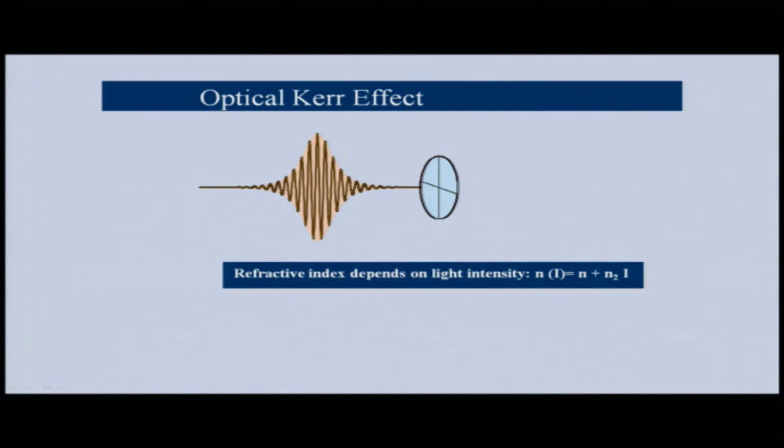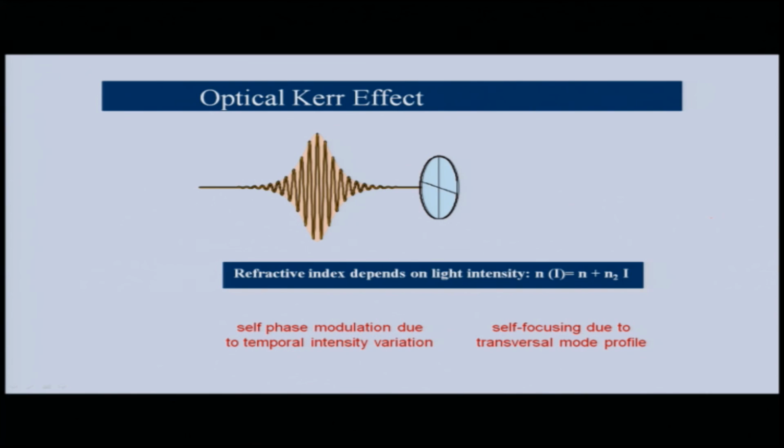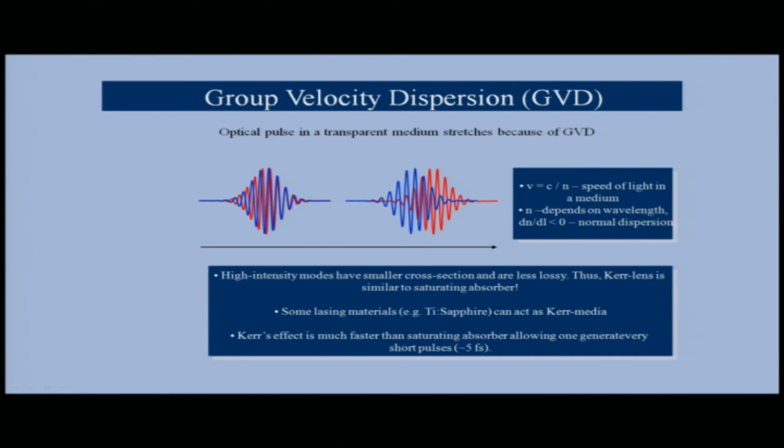So, here is a cartoon which shows that the refractive index depends on the intensity of light: self phase modulation due to temporal intensity, and due to the transverse mode profile, and as it goes through, it produces these chopped short pulses.